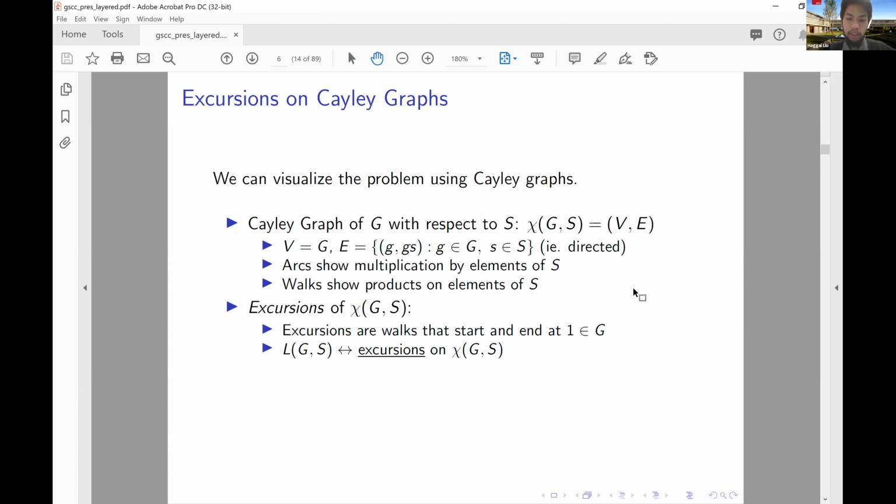Of course, it just has to start and end at the same vertex, but we'll choose one; it doesn't matter since Cayley graphs are vertex transitive. What's important is that our Cogrowth sequence just counts the excursions on the associated Cayley graph.